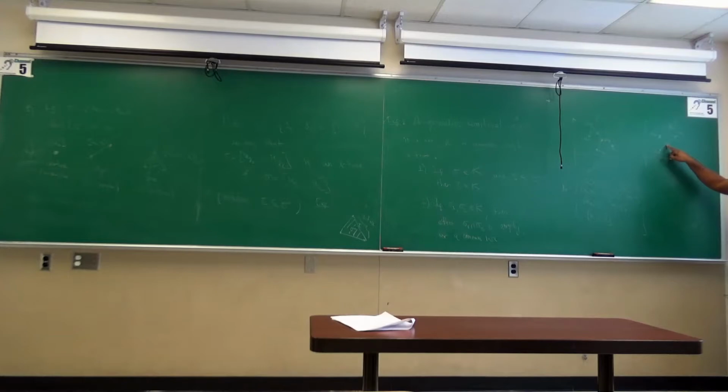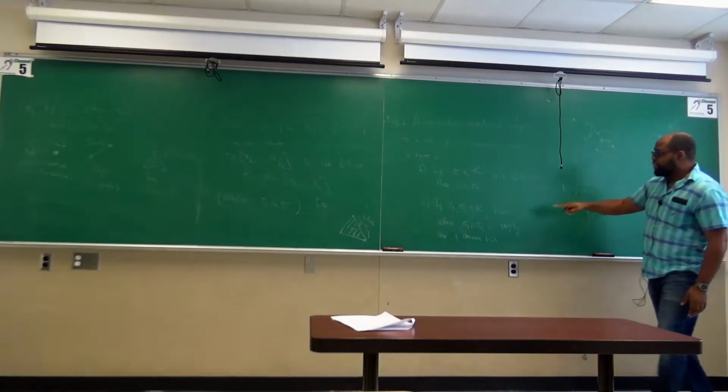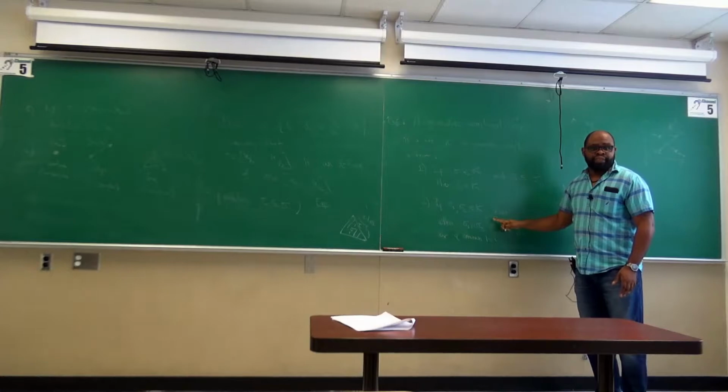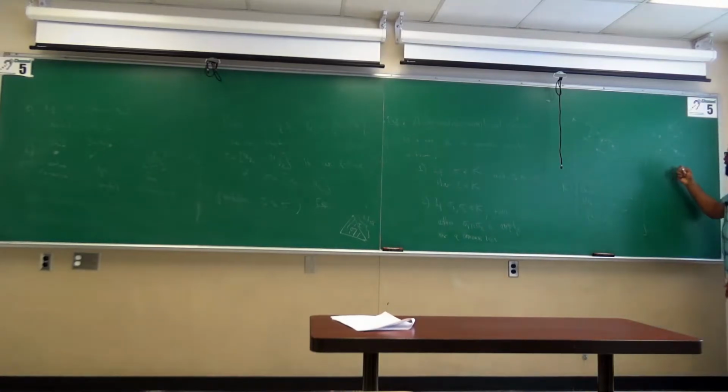That point is neither empty nor a common face. In particular, it's not a vertex, right? So the second condition here is not satisfied. This is why this is not a simplicial complex, or at least a geometric simplicial complex.